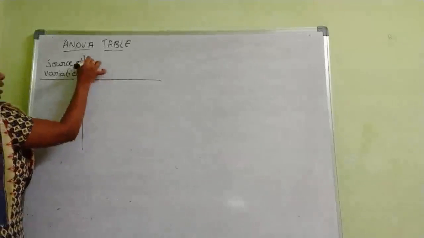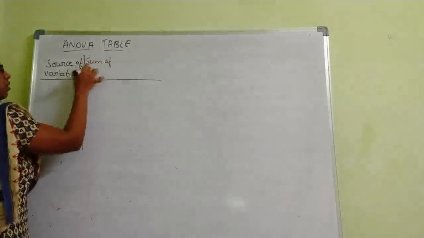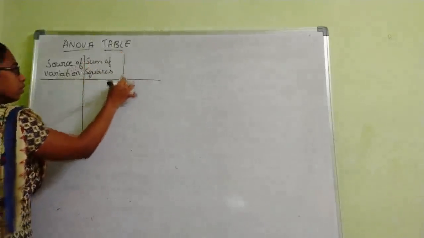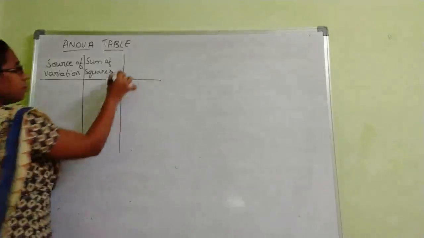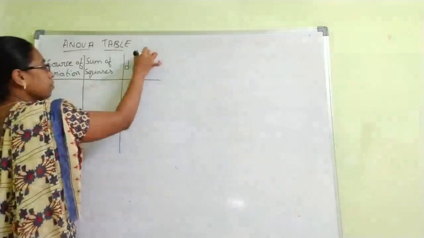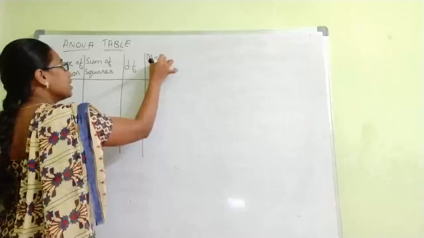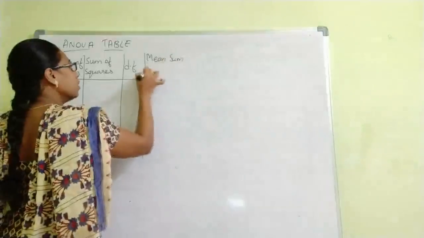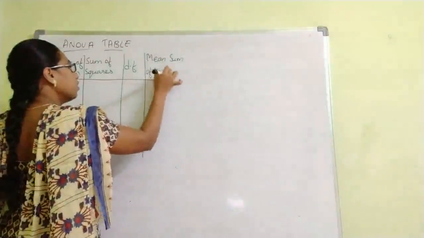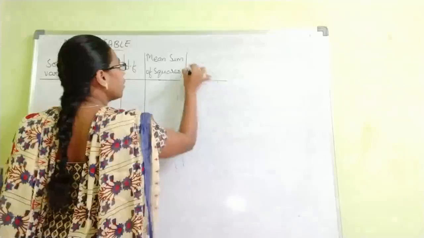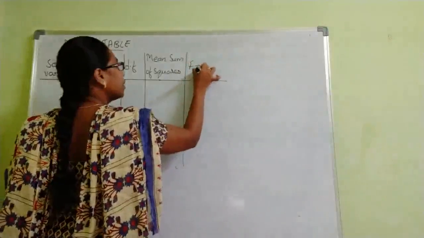Next we are going to write sum of squares. Next in the step we are going to write degrees of freedom. And in the next step we are going to write mean sum of squares. And in the last step we are going to calculate the F ratio.